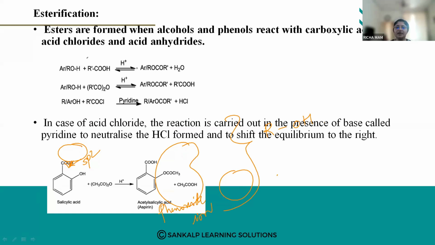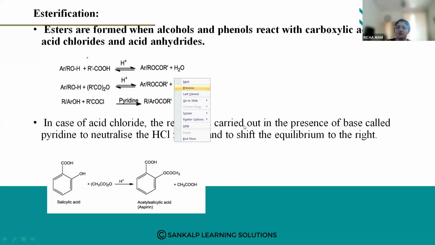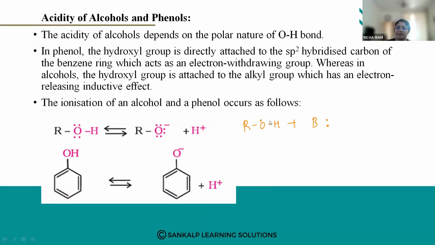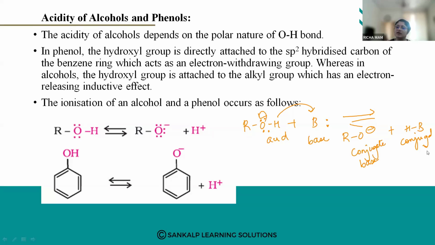When we are considering alcohols, this is the reaction. Let me show you. When an alcohol reacts with a base, the bond breakage will take place at the OH, and it will form a conjugate base and a conjugate acid. So this is your acid, this is a base, this is its conjugate base, and this is its conjugate acid.